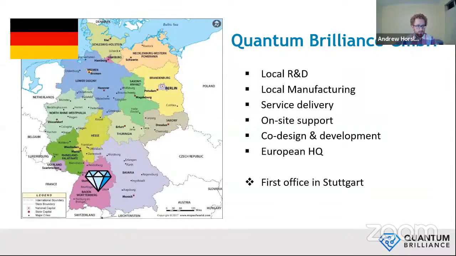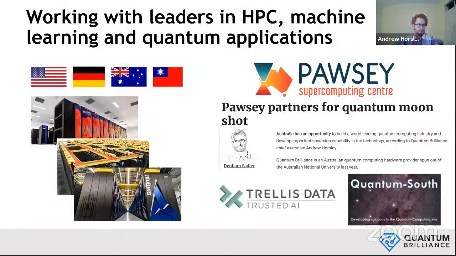And in that context of full stack, we're actually really a full stack quantum computing company. We're going from the qubits all the way through to software and applications. And we're developing that with a whole ecosystem of partners, both in the high performance computing sector, as well as in machine learning and other quantum applications companies.